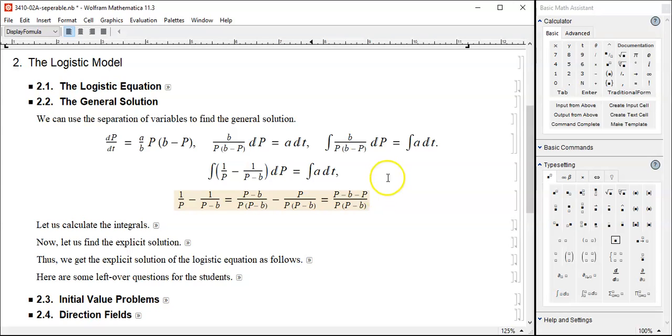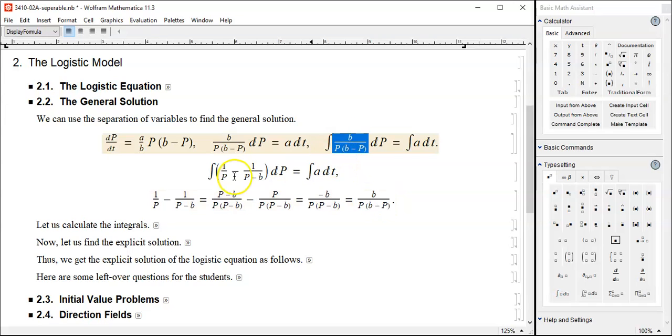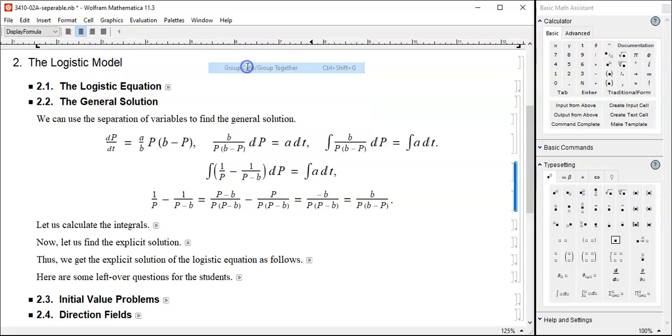Do you see cancellation? Of course you do. This minus p and that p cancel each other out, and we have minus b over that. And then let's change the sign. B over p times b minus p. And that's precisely what we have over there. So yes, this is correct decomposition by partial fraction. We just checked it.